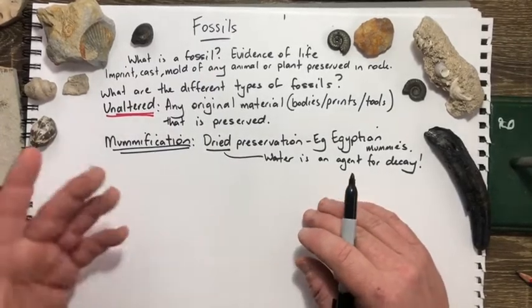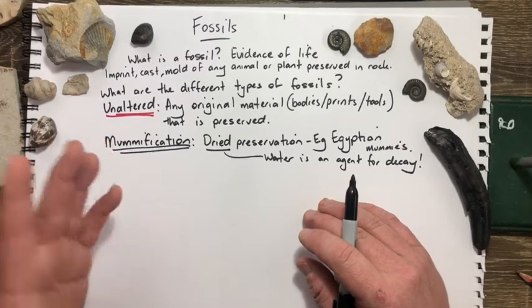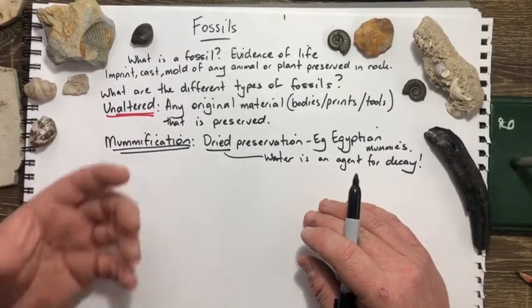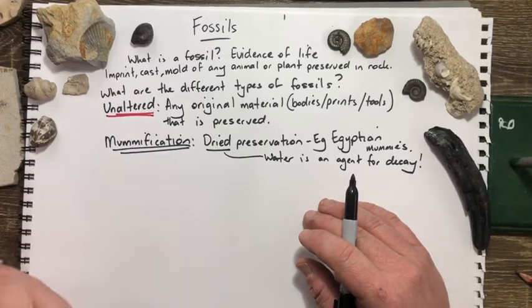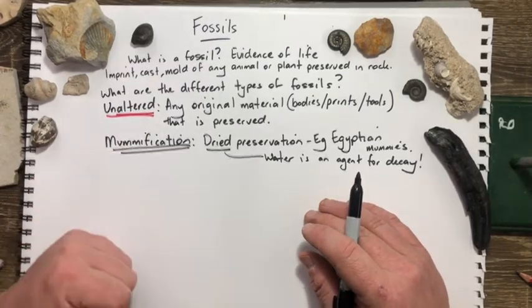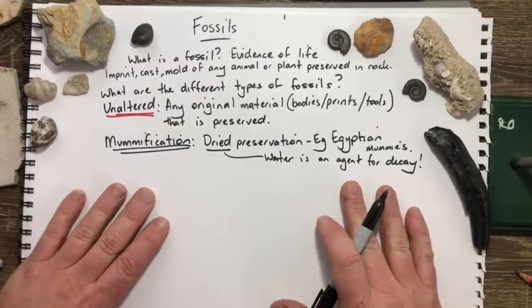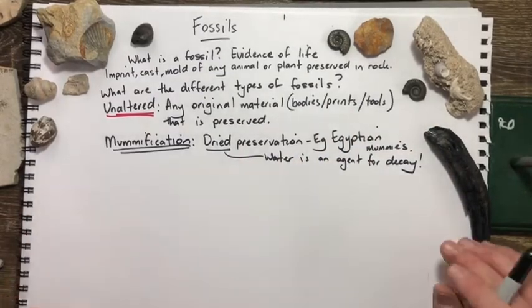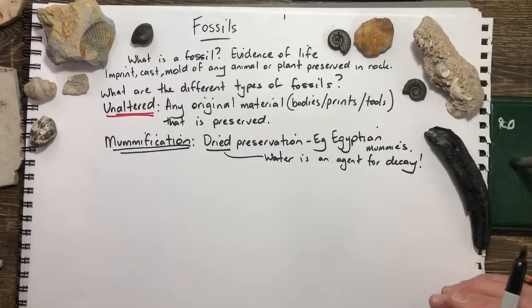Which is why a lot of those mummies still have some of those features that we can see, that soft tissue material that remains behind. So mummification, dried preservation. So next time you have some dried banana or dried apple, it's really mummified apple, and maybe you should call it that.